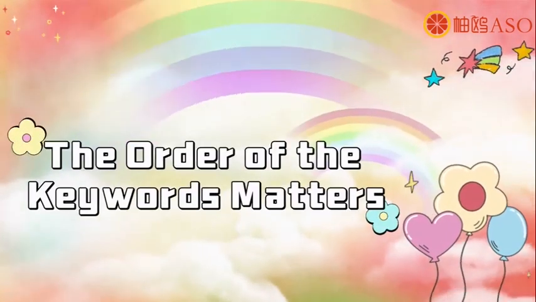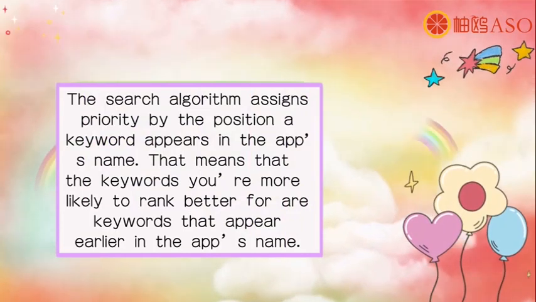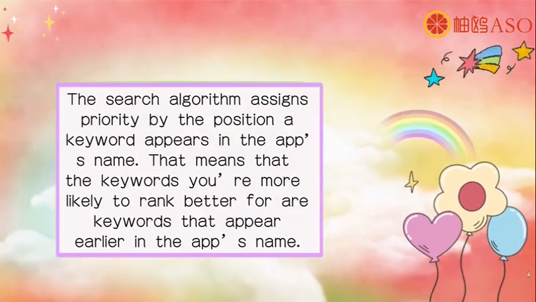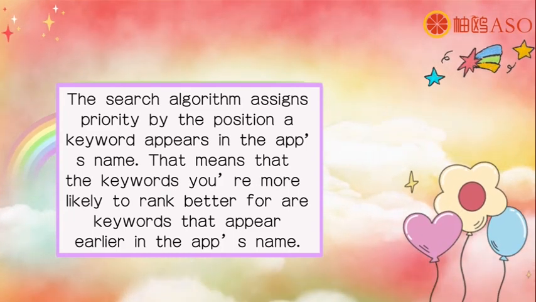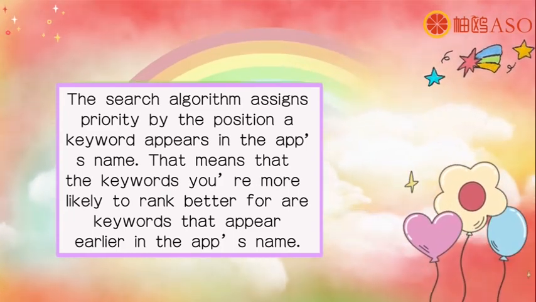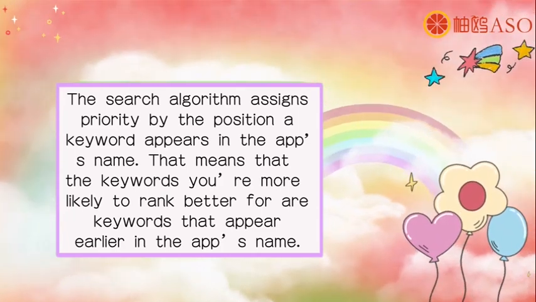The order of the keywords matters. The search algorithm assigns priority by the position a keyword appears in the app's name. That means the keywords you are more likely to rank better for are keywords that appear earlier in the app's name.